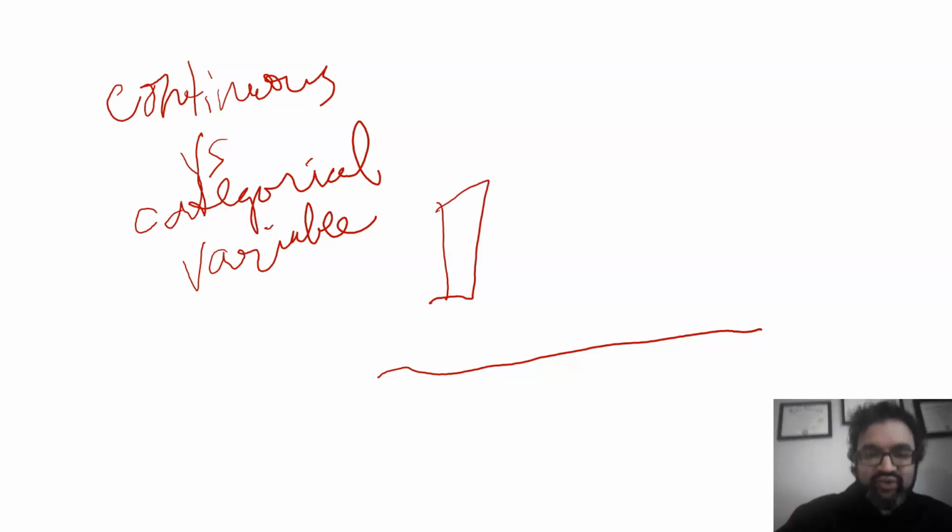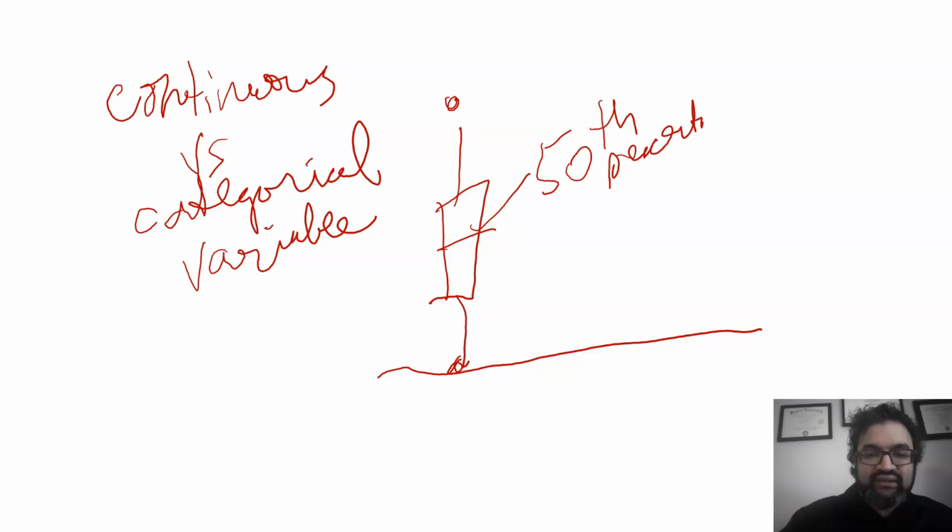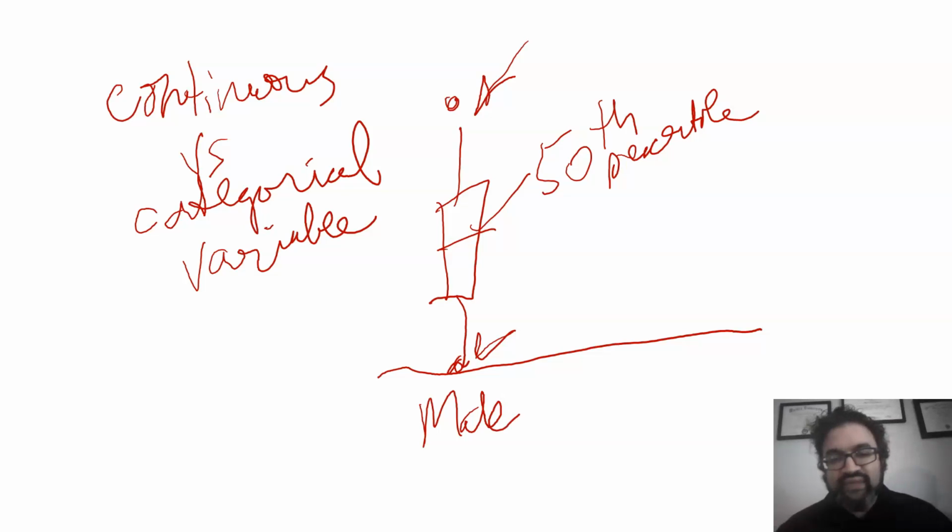Typically the boxplot would look something like this. You would have the 50th percentile, and then some of the extremes would be mapped out here and here. So imagine that this is the mean age group for males, and then you would have to draw a box plot for females.